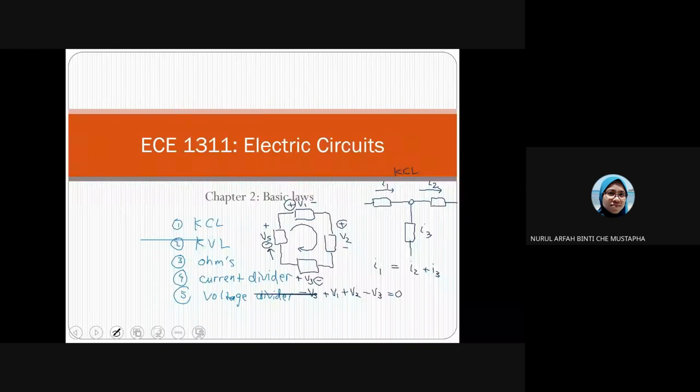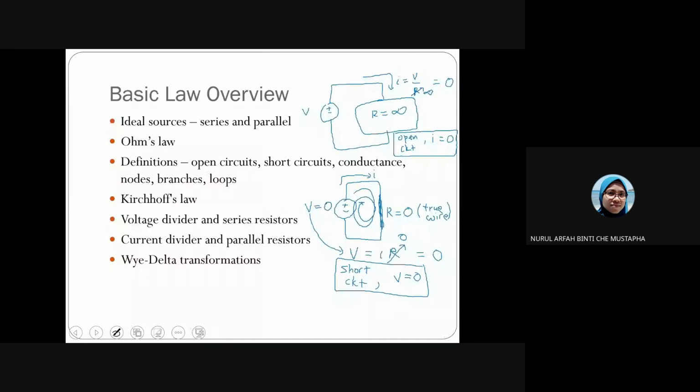Okay. Last time we talked about Ohm's law. What if the resistance here is large? The resistor actually repels the current coming, stopping it, so the current here will become zero.